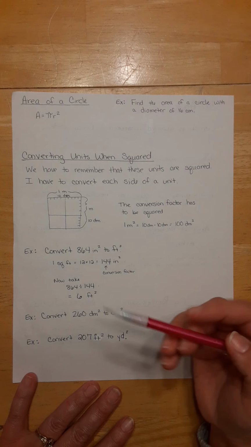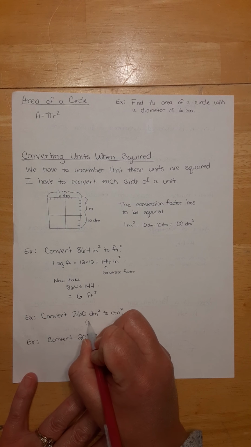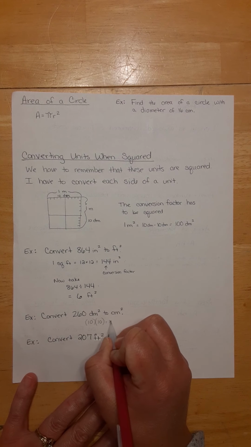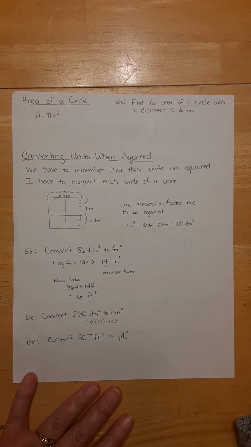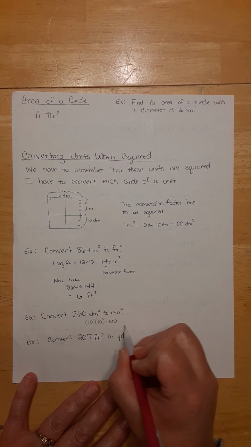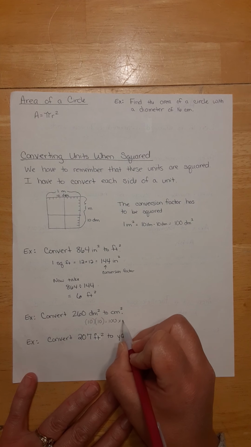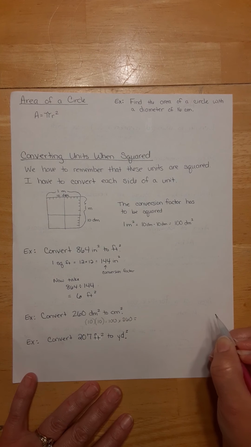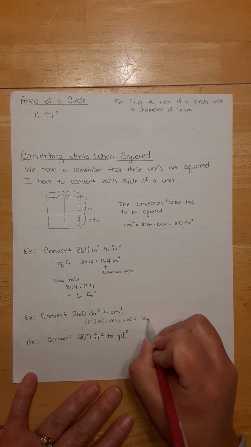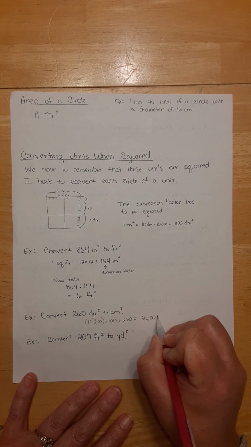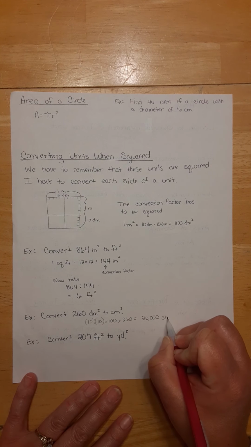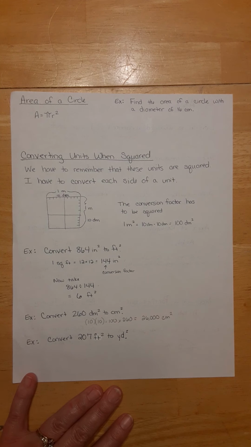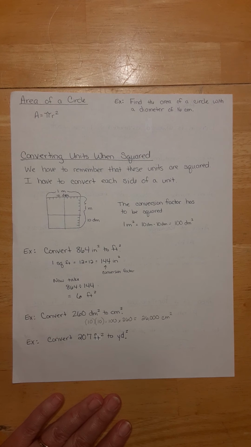And so I actually have 10 times 10, which is 100. Okay, and now I'm going to go ahead and take that 260 times 100. Now I've converted it to centimeters. So I've got my 26 and I need 3 zeros. And so once I convert it, my 260 decimeters squared, now converting it to centimeters squared is 26,000.